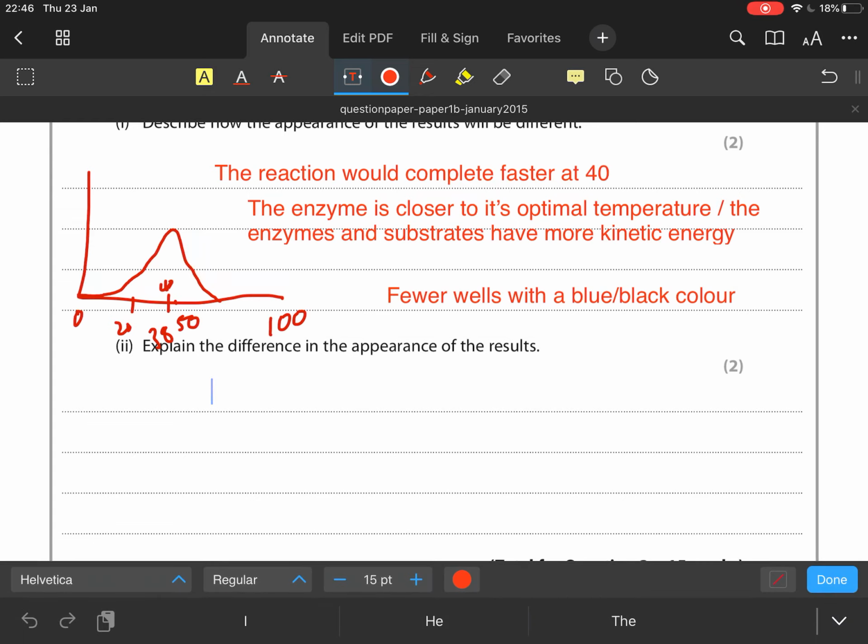Explaining, okay, that's where we talk about the enzyme and substrate having more kinetic energy.